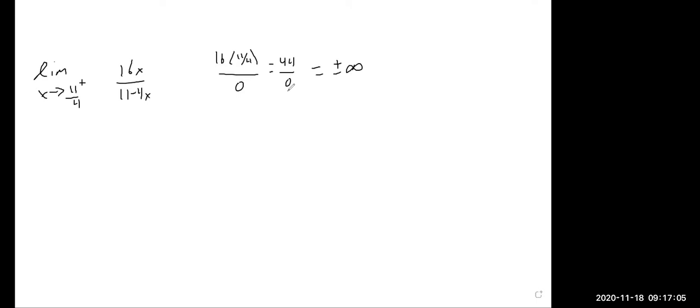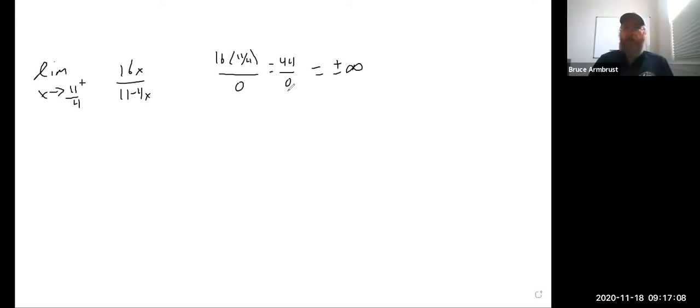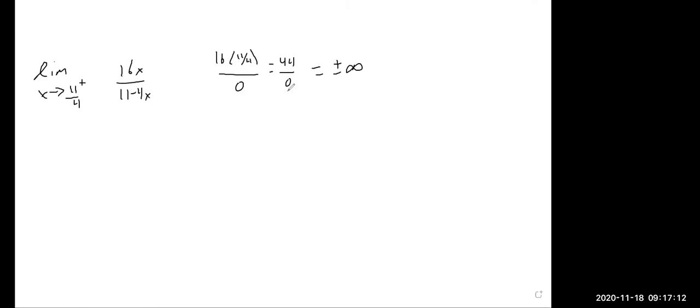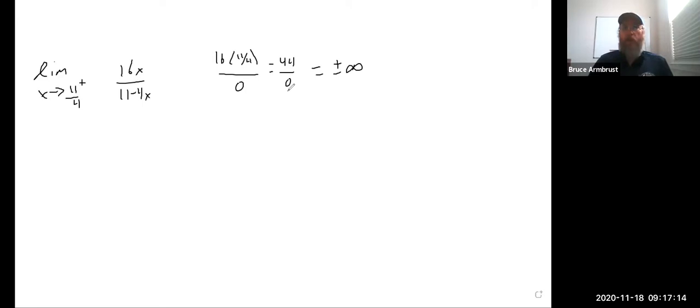The 0 as the denominator. Yeah, the divide by 0. If you ever have a non-zero number, so like in this case 44, divided by 0, you know it's going to be infinite, either plus or minus. All right, now the question is, which one?